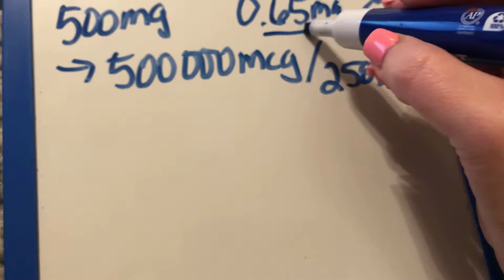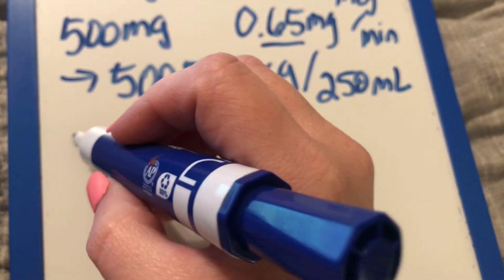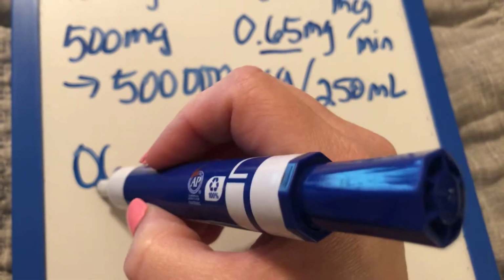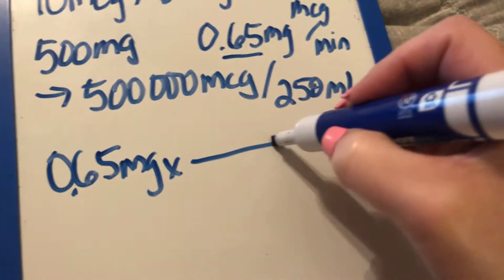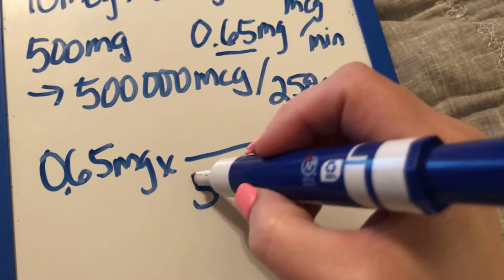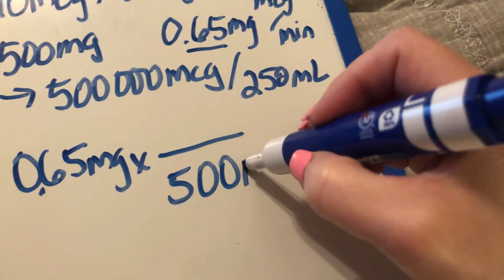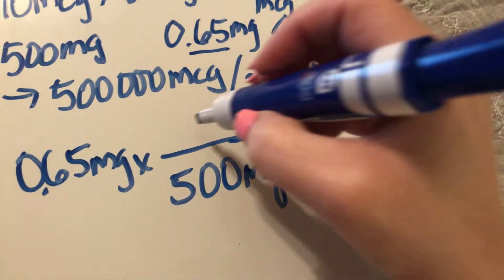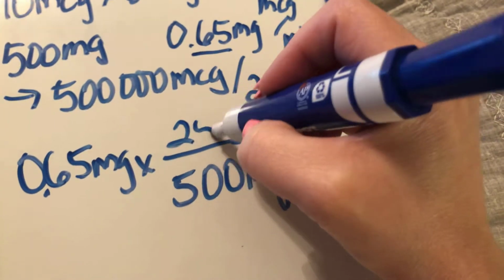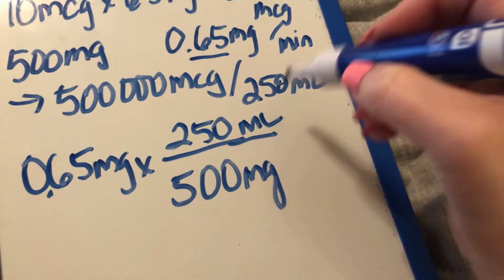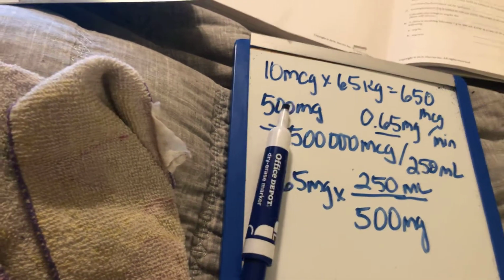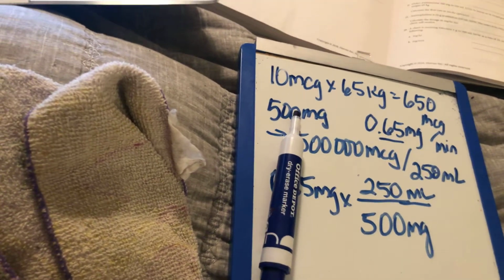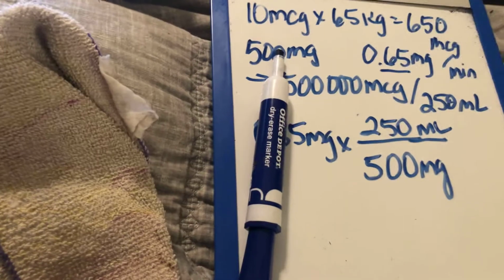So if we did this, we would have an order for 0.65 milligrams times, this is dimensional analysis, so we would just cross multiply that out.